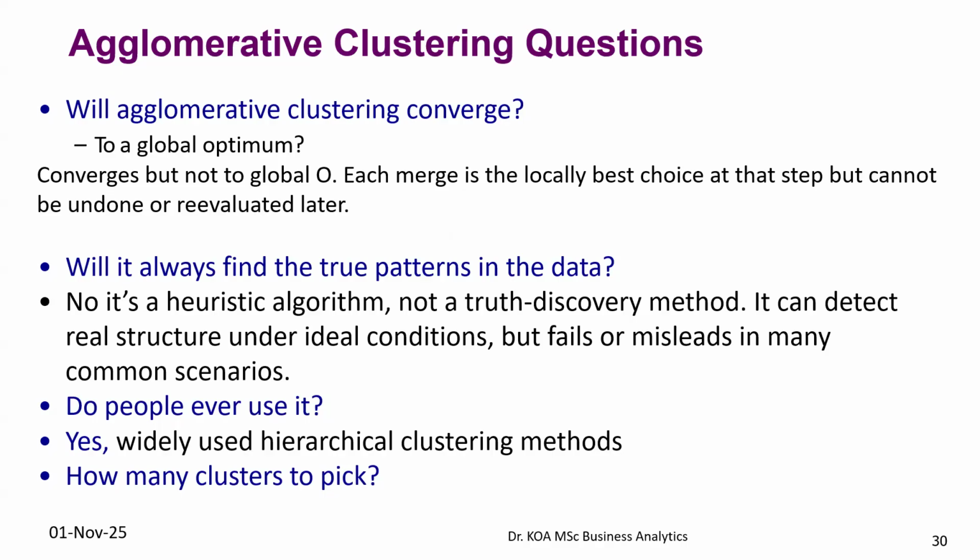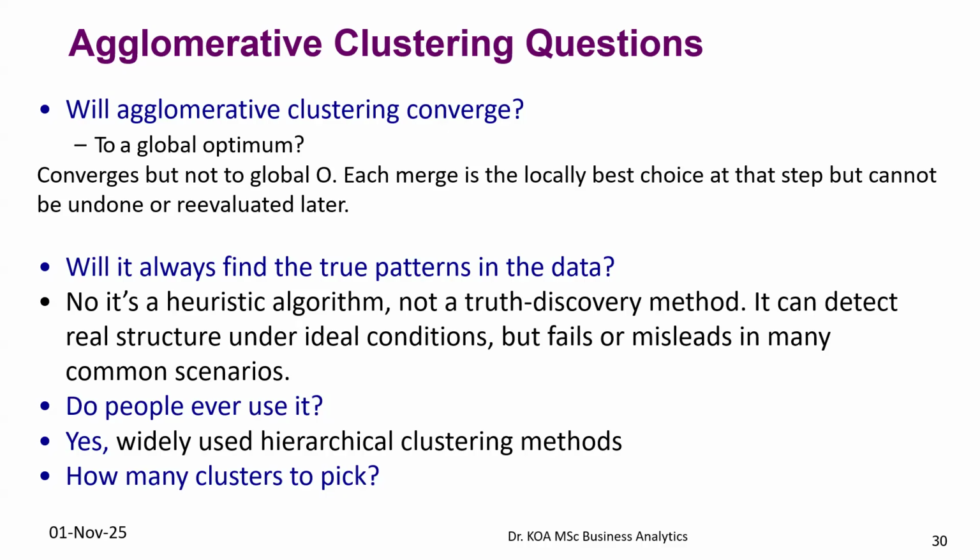You can find a real structure under ideal conditions, but you can be misled in common scenarios. And so because of these disadvantages, sometimes people will think that you cannot use agglomerative clustering. You can use it, and some people are using it very widely.